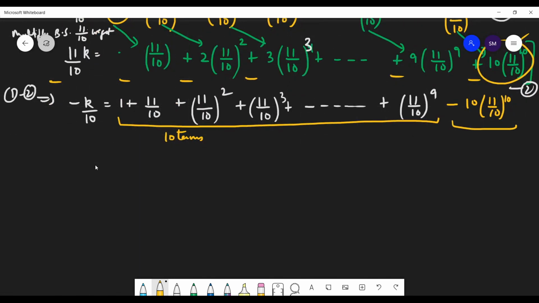Now can you solve it out? Hurry up. So what's the sum?